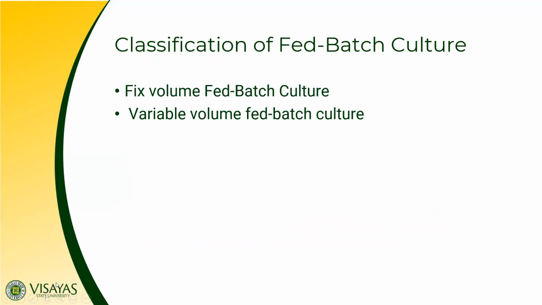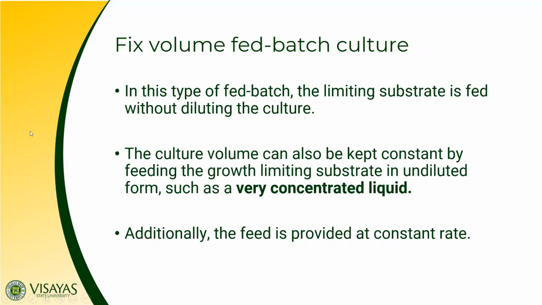As I have said earlier, there are two classifications of fed batch culture. One is the fixed volume fed batch culture, and the second one is the variable volume fed batch culture. In the fixed volume fed batch culture, the limiting substrate is fed without diluting the culture, meaning the substrate is very concentrated, in an undiluted form.